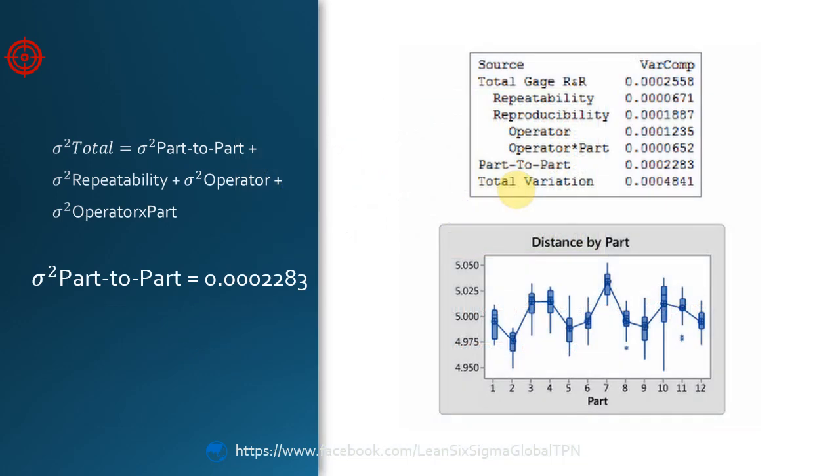Here are the box plots of the 12 circuit boards we saw earlier. We can use this graph to better understand both the variance associated with the part and the variance associated with the measurement system. First, let's consider the part-to-part variance.